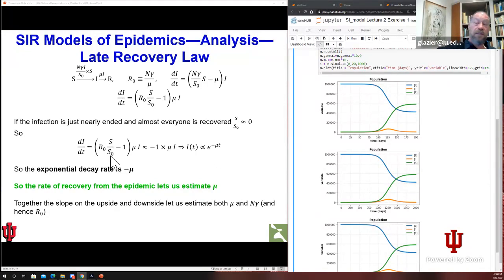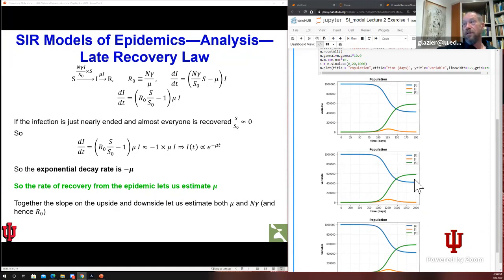If S over S0 is very small compared to 1, then dI/dt is minus mu I, and that means I goes like e to the minus mu t. So the decay rate on the trailing edge goes like e to the minus mu t, and the exponential decay rate is approximately mu.